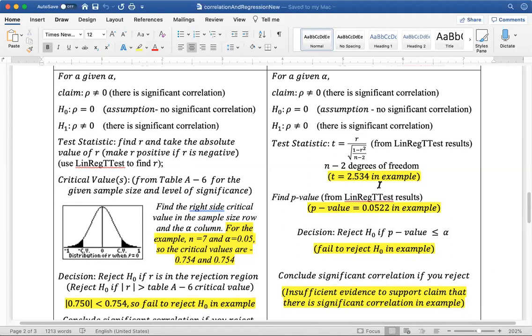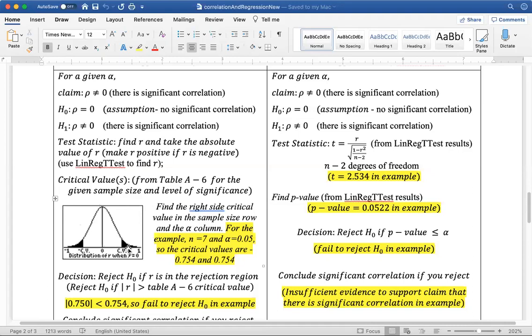So where do we get the critical values for this thing? Well, if you look at this little picture right here, the distribution of R when rho equals 0 in the population, R most of the time is going to be close to 0, as I showed you early on when we looked at the calculator and did scatter plots. So most of the time R is going to be around here.